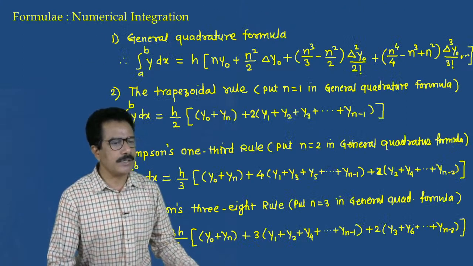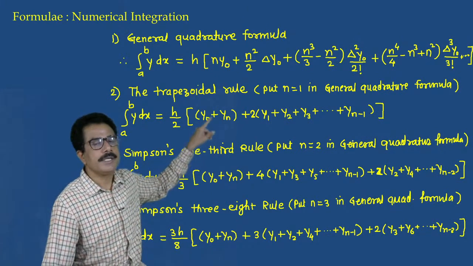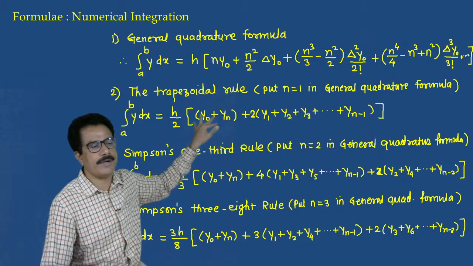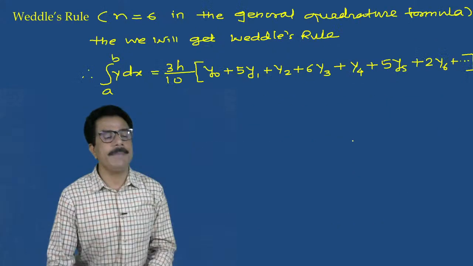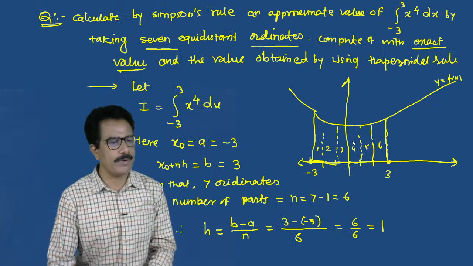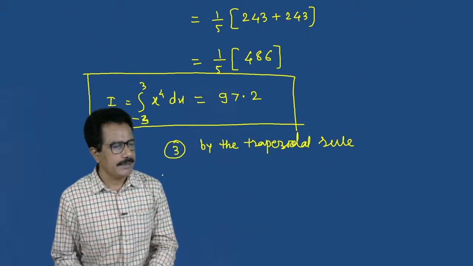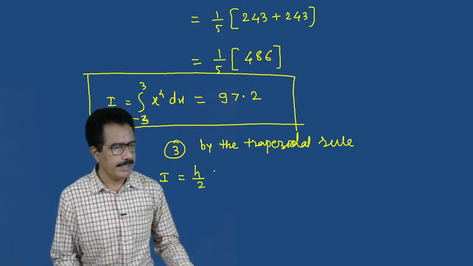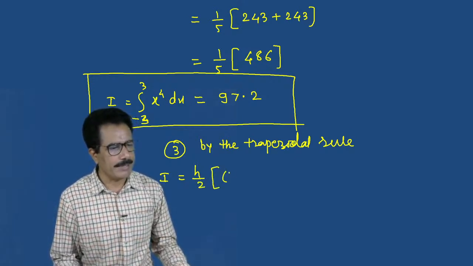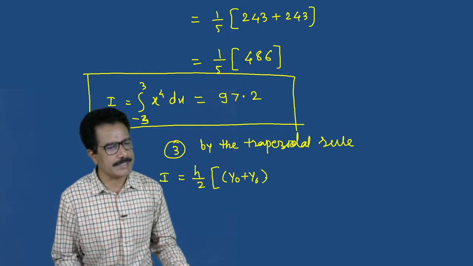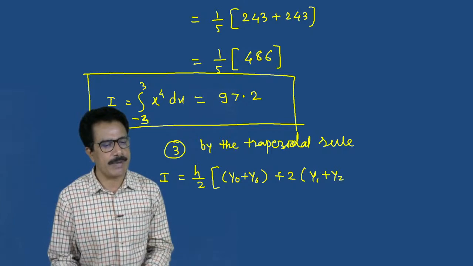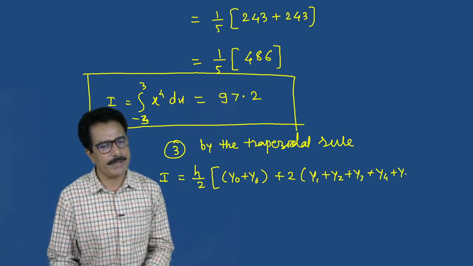What is the trapezoidal rule? h/2 into first and last term, plus 2 times of remaining terms. So by the trapezoidal rule we can calculate I is equal to h/2 into bracket मध्ये y0 plus y6 plus 2 times of remaining terms y1 plus y2 plus y3 plus y4 plus y5.